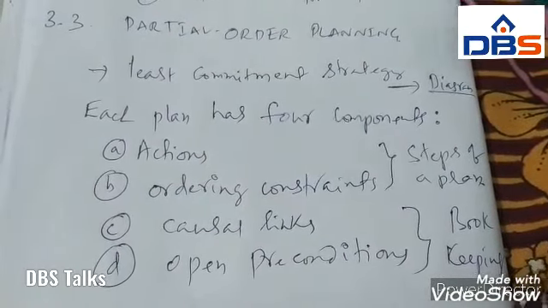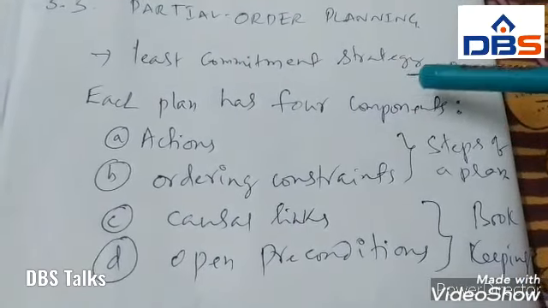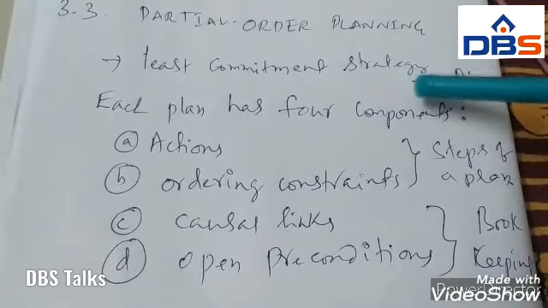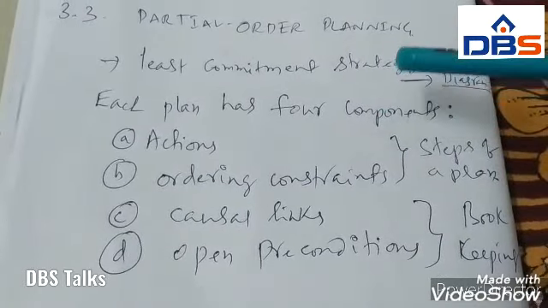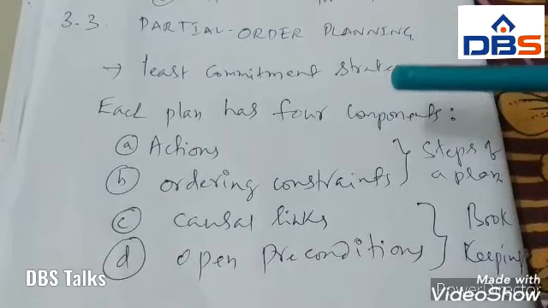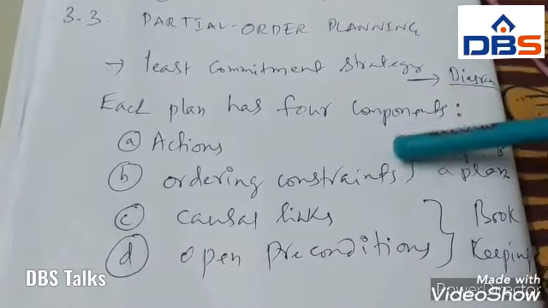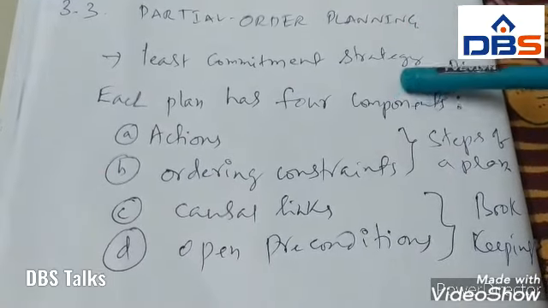Here is the least commitment strategy. What does the least commitment strategy mean? Here we are just delaying the plan or the action. How long we delay the action is the least commitment strategy.